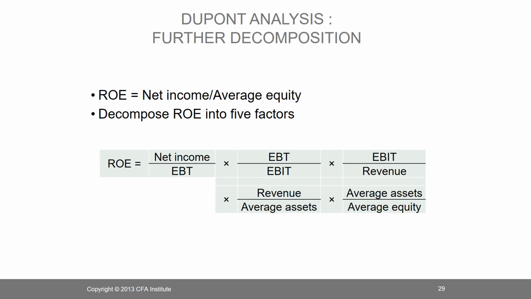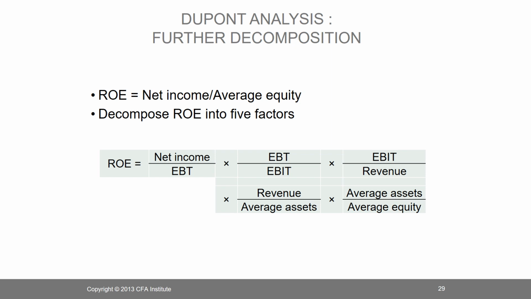For return on equity overall, net income divided by average equity equals net income divided by EBT, which is earnings before tax, multiplied by EBT divided by EBIT, multiplied by EBIT divided by revenue, multiplied by revenue divided by average assets, and multiplied by average assets divided by average equity.